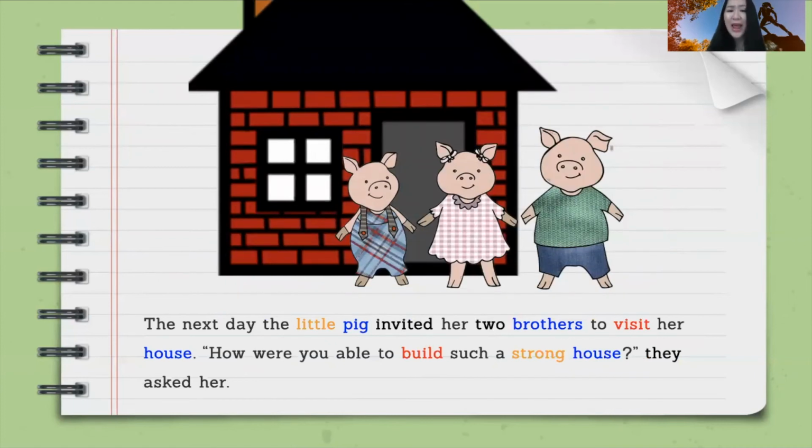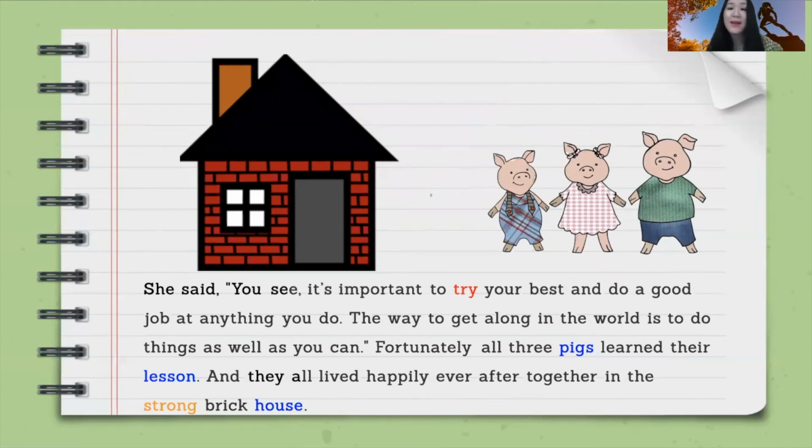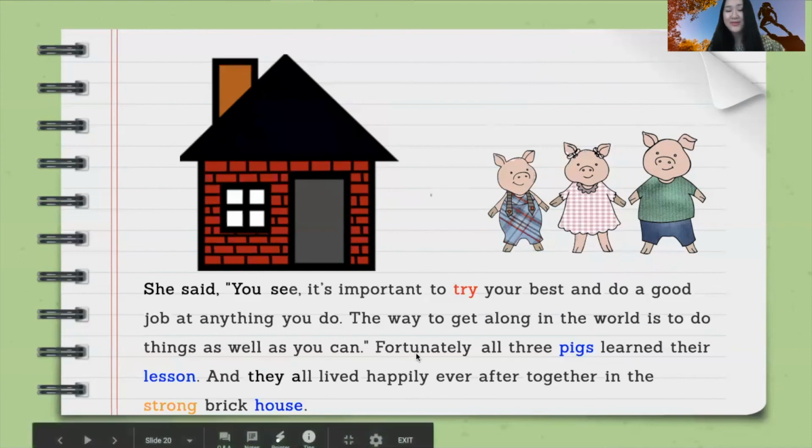"How were you able to build such a strong house?" they asked her. She said, "You see, it's important to try your best and do a good job at anything you do. The way to get along in the world is to do things as well as you can." Fortunately, all three pigs learned their lesson, and they all lived happily ever after together in that strong brick house.